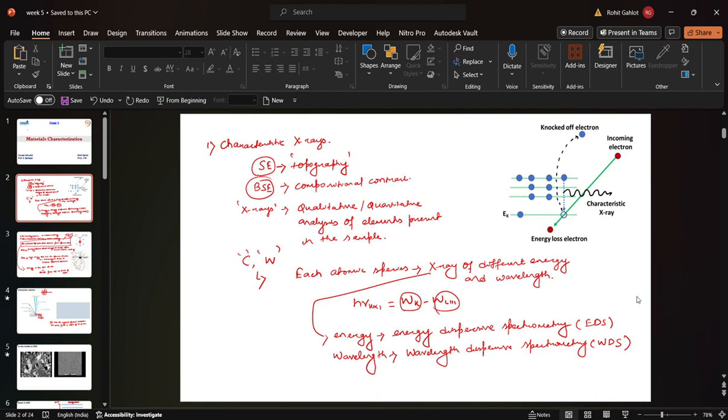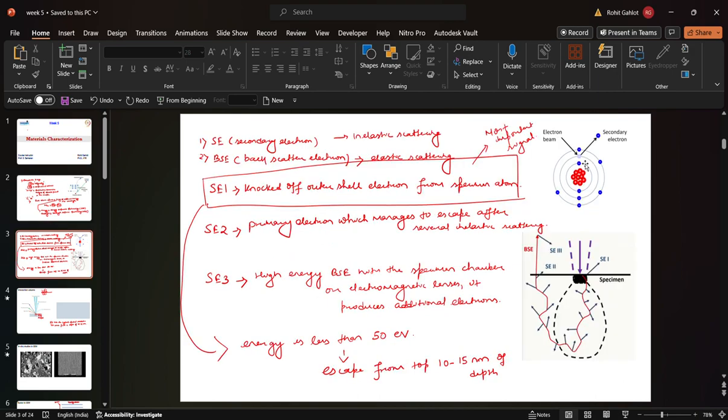I also discussed how the characteristic X-rays are generated, how an electron is knocked off by the incoming electron, and also the EDS and WDS, and when to use EDS and when to use WDS depending upon their applications.